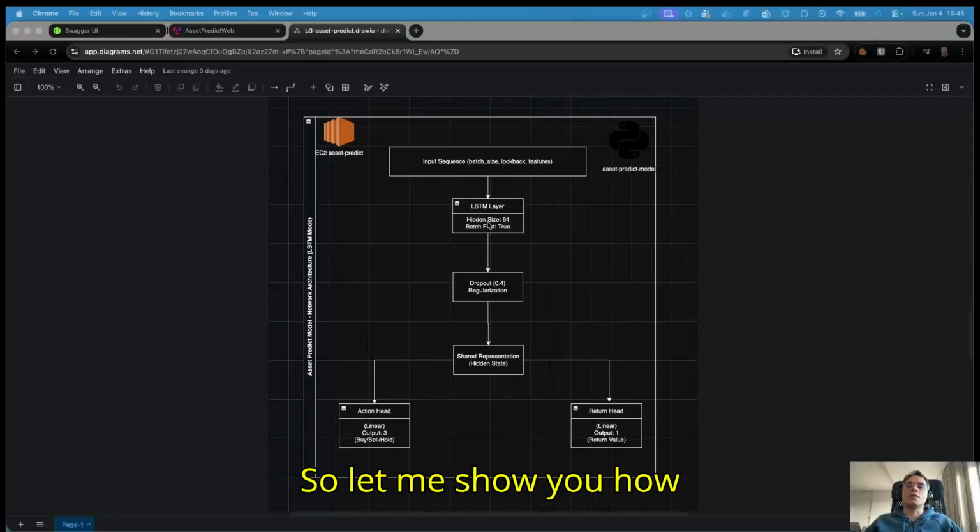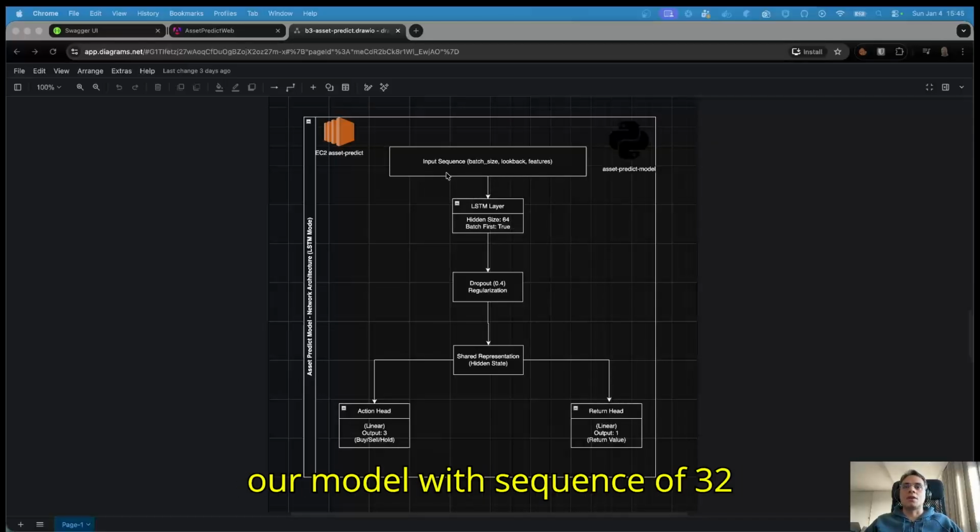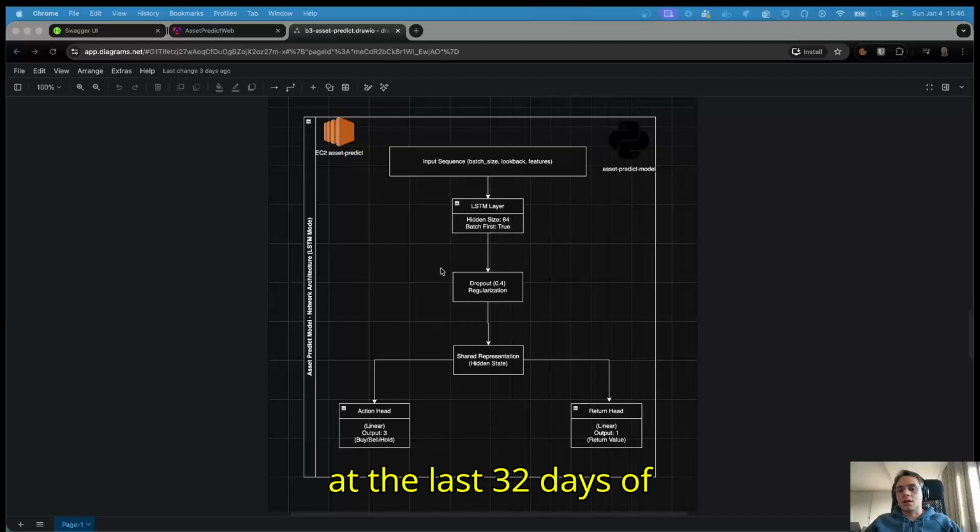So let me show you how our LSTM model works. We feed our model with a sequence of 32 time steps. This means we look at the last 32 days of data to make a prediction. Our LSTM layer has 64 hidden units. This is where the model learns the temporal patterns.